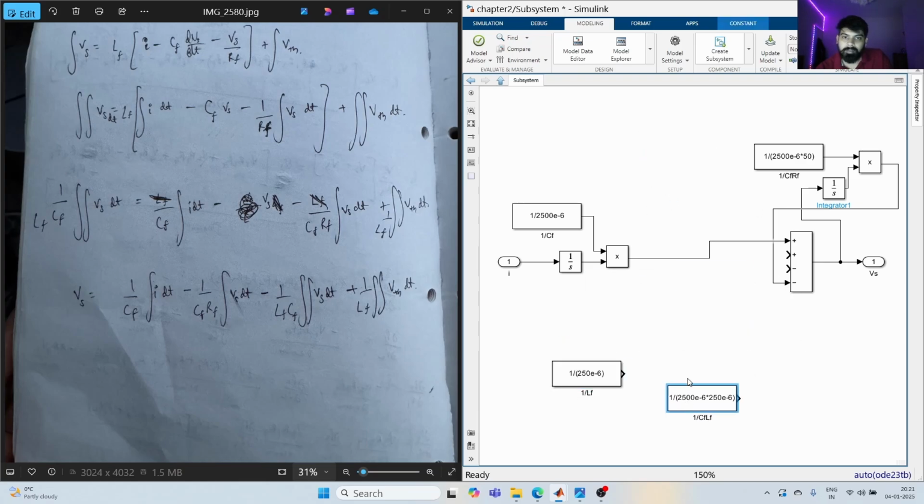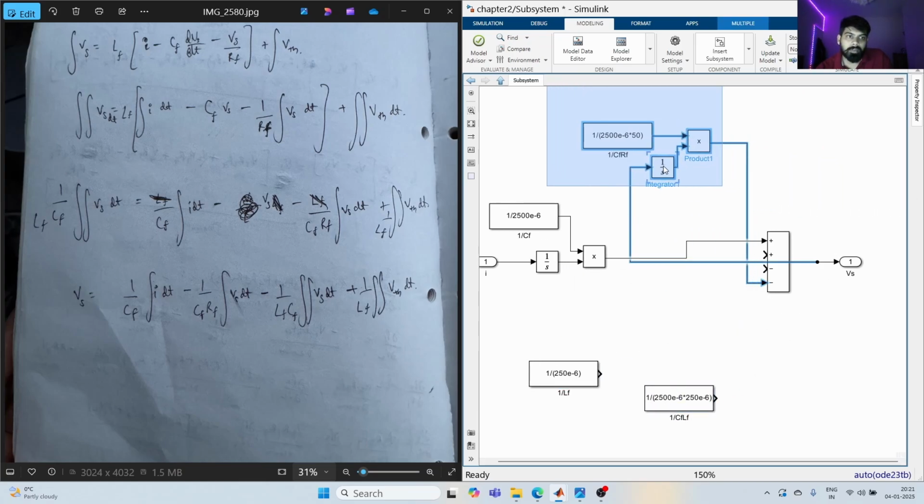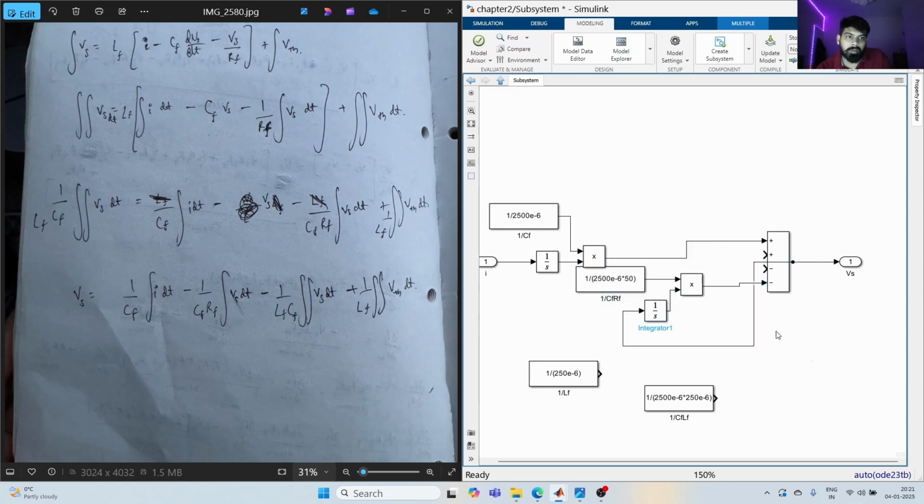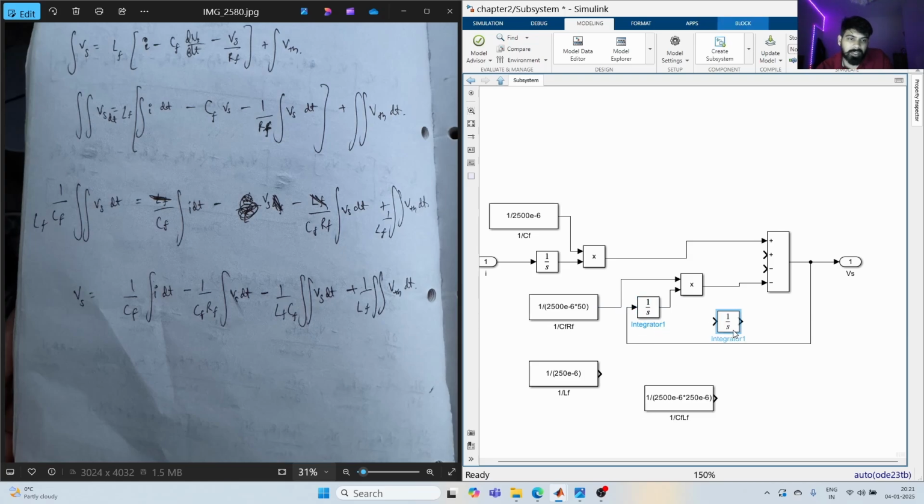Then we have a double integral of Vs. So we'll take one more here, double integral of Vs into 1 by LF CF, right? And this should also be negative.